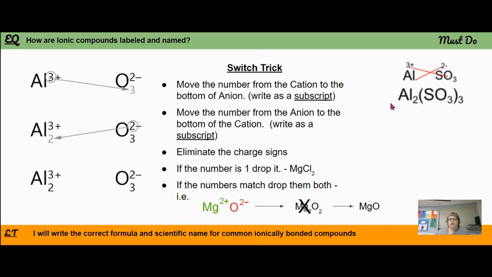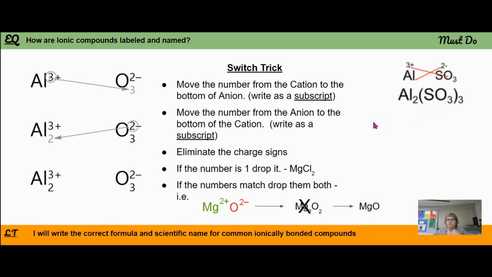So I need 2 aluminums and 3 sulfates. So notice that my SO4, on the outside of the parentheses, it says 3. The SO4 is one ion. It's one thing, right? So you're never going to break those up. You're just going to put parentheses around them and say, I need 3 of those.